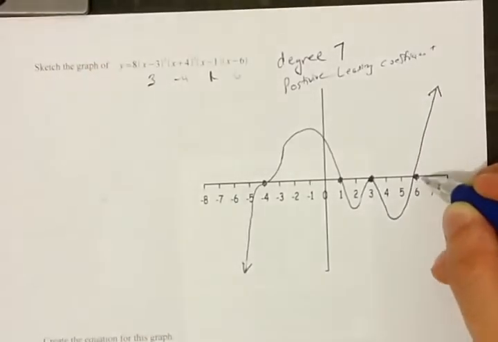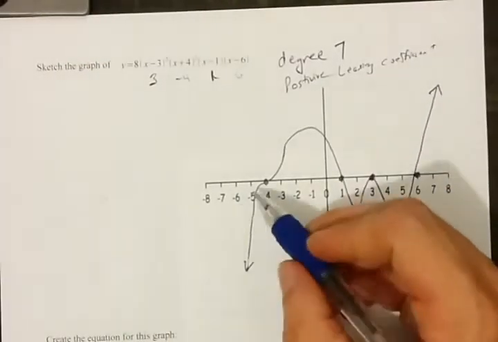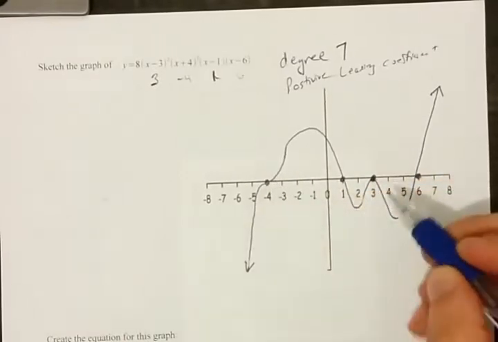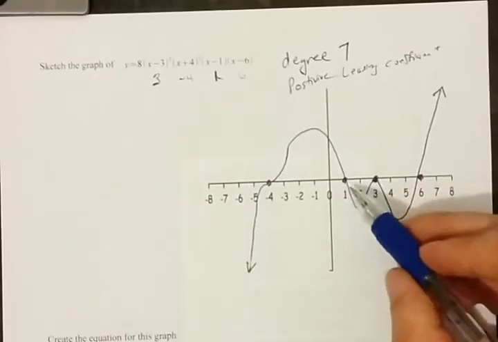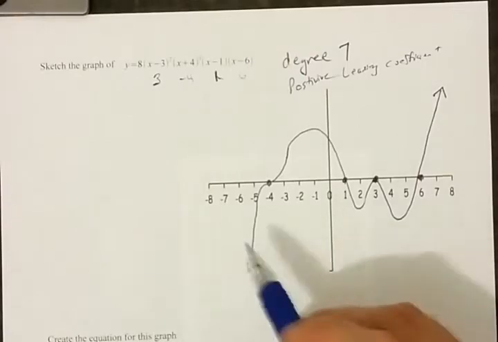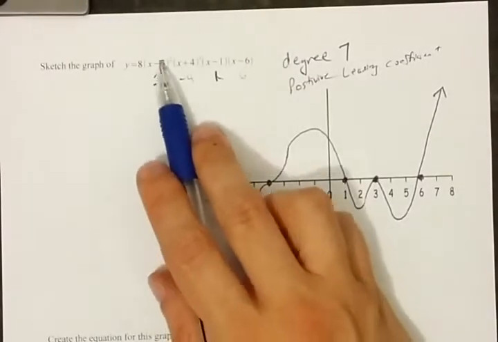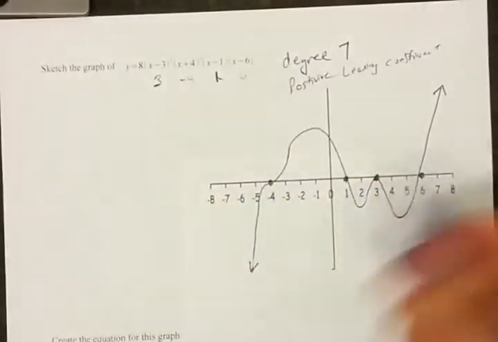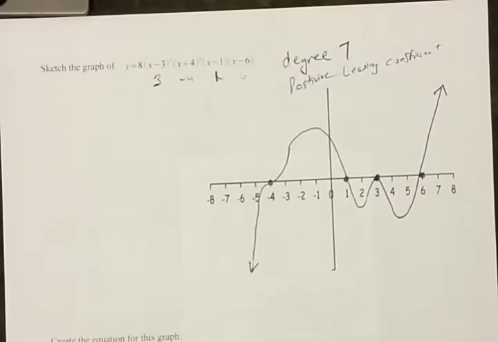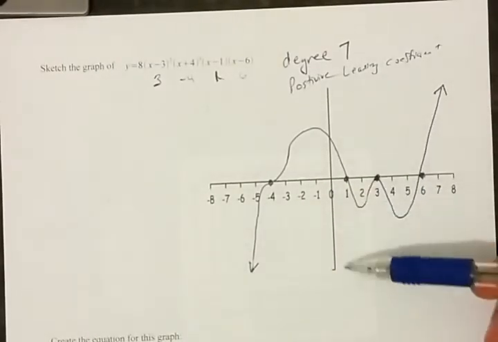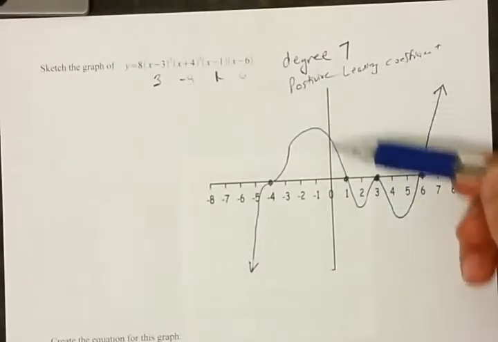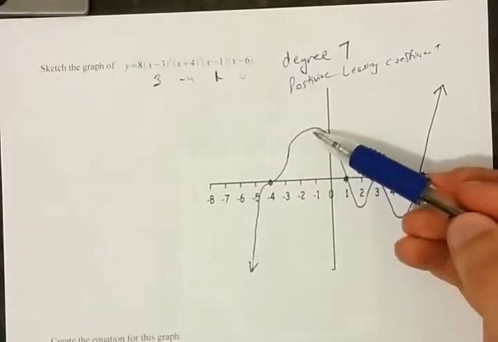I missed, but that's okay. So we've got our x to the power of 3 here, our x squared here, our x, and our x. And each of those x-intercepts came from each individual term. Hey, we're done.